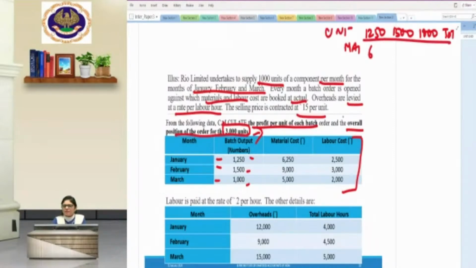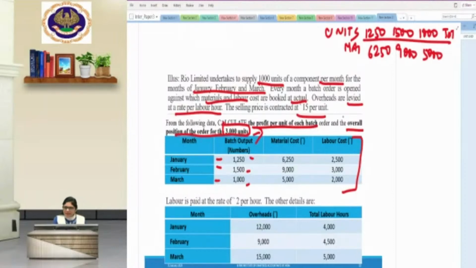I hope you're able to see. 6250, it's given. 9,000, it's given. 5,000, it's given. Do the total of material, please. Total of material cost: 6250, 9,000 plus 5,000. For all the 3 months, you have to calculate the total for all the 3 months per element of cost. How much is the total of material?